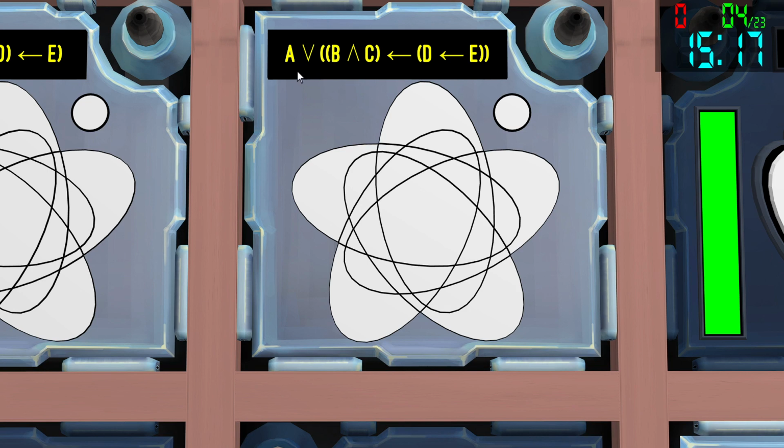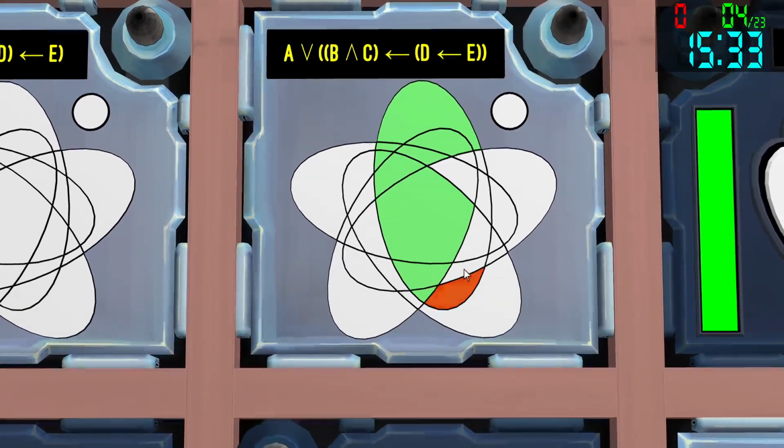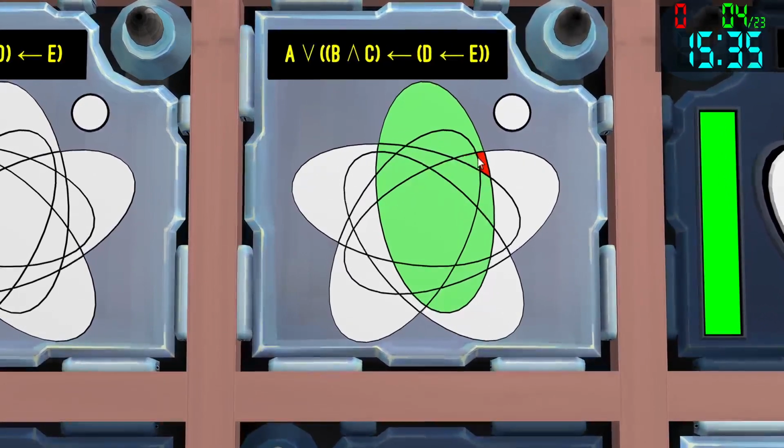So that means that no matter what, if alpha was true, the whole thing will be true no matter what the other letters are. So we can select literally everything in the alpha circle and it'll be right. And now we need to logically think about if alpha was false. Now we need this to be true.